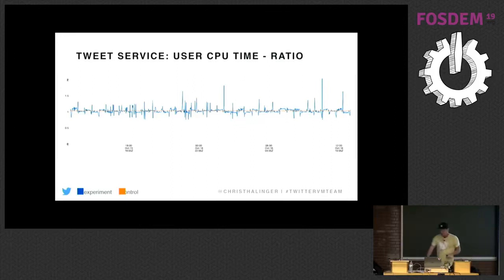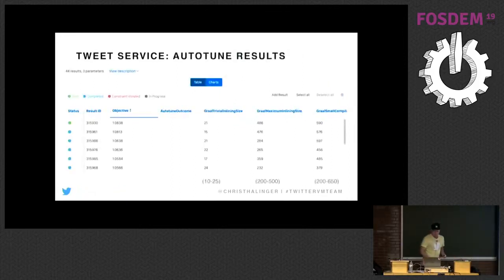And the result, when this was done, looks like this. It's a web page that shows you all the experiments. This one's the best one, and you see the objective is 1.0838. That means we could improve CPU utilization by over 8%. And these are the parameters. You remember, I said 10 to 25.